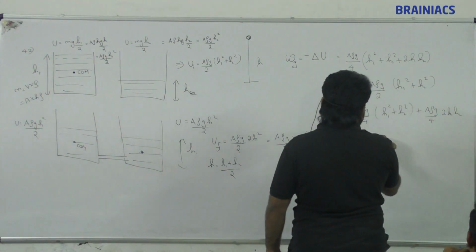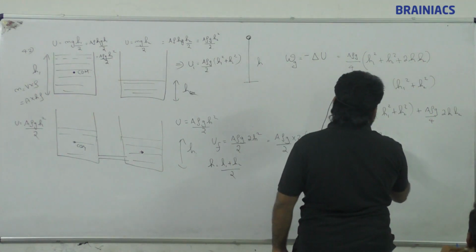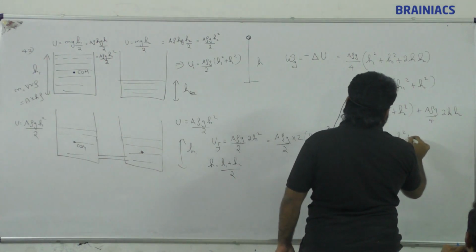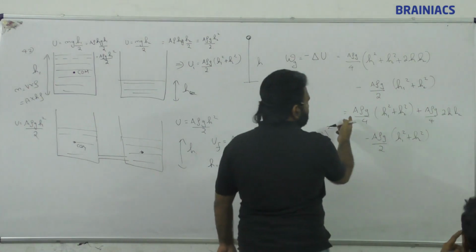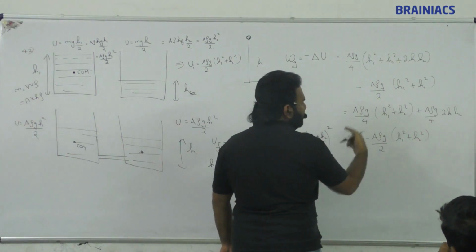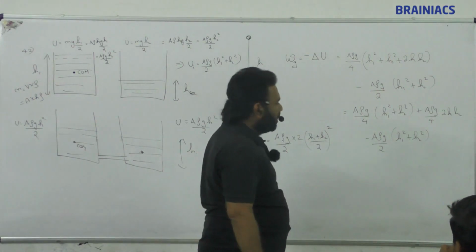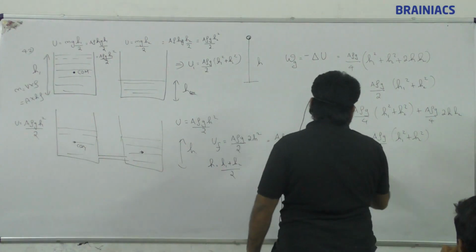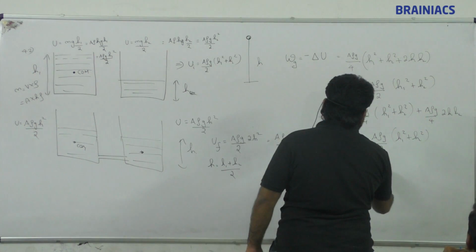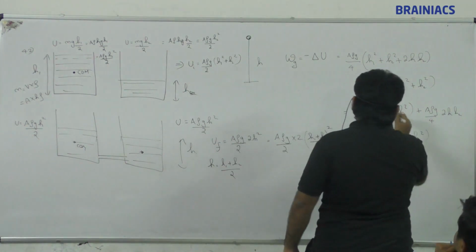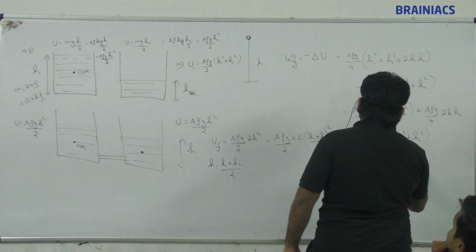This one is minus A rho g by 2 into h1 square plus h2 square. This term and this term have the same structure. So this is going to be A rho g by 4, h1 square plus h2 square.